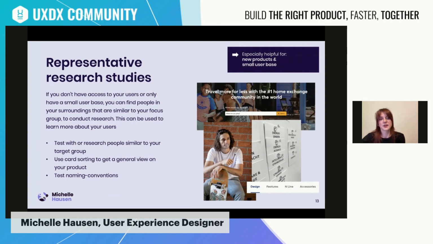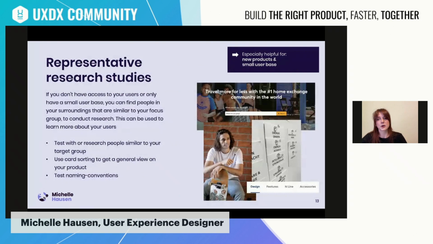In this case, we didn't look for car enthusiasts or people similar to our target groups, but we just asked our family and friends what kind of information they would find if they clicked on the tab design. That gave us enough information to make adjustments on the naming conventions.